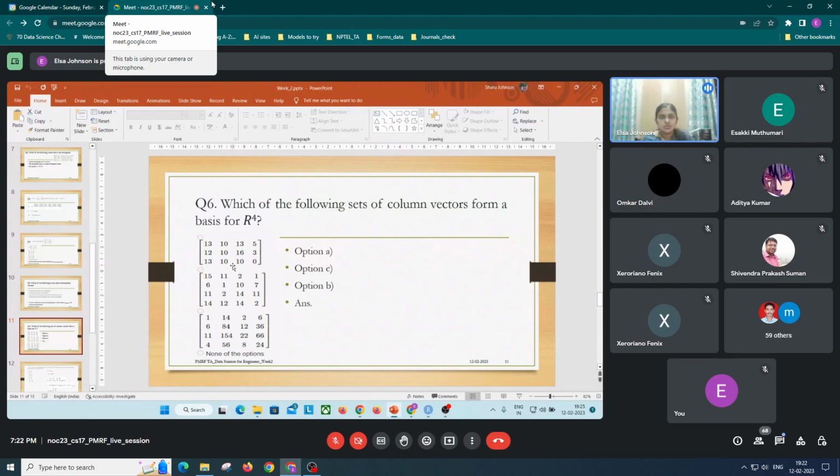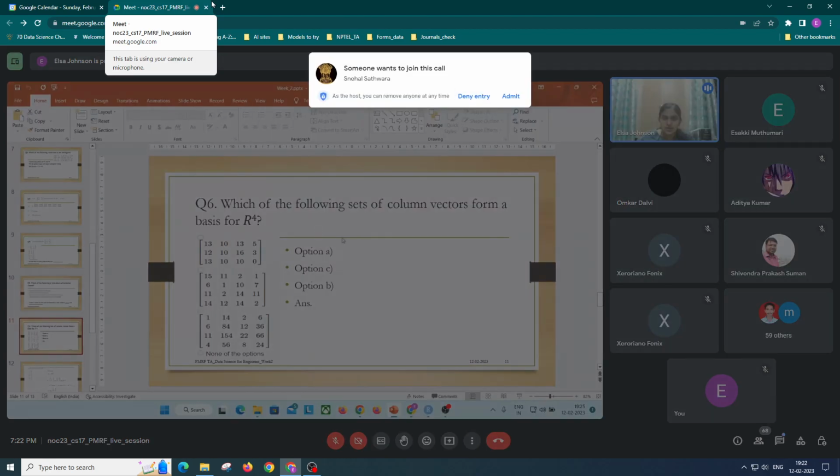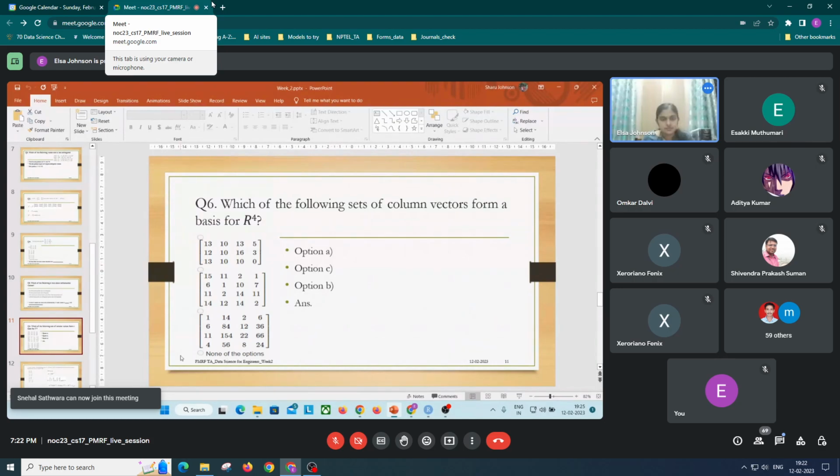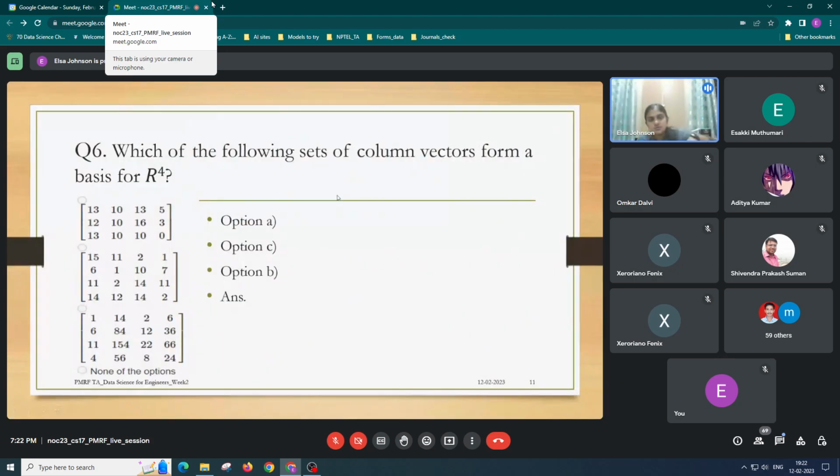Now in the next option, I am going to option C. Wait, I'll put it in slideshow again. So in the first case, there are 3 independent rows only. That is the first problem with the first option.